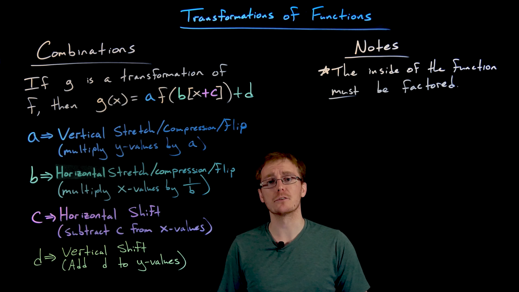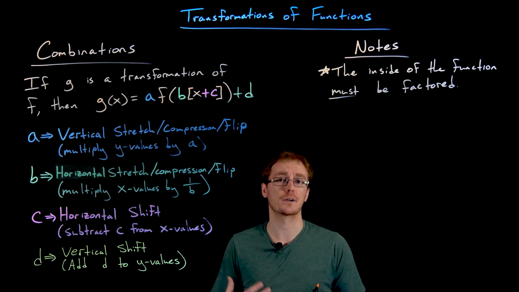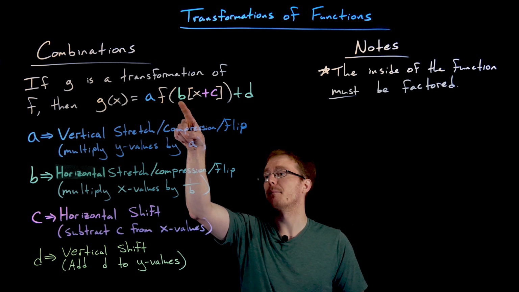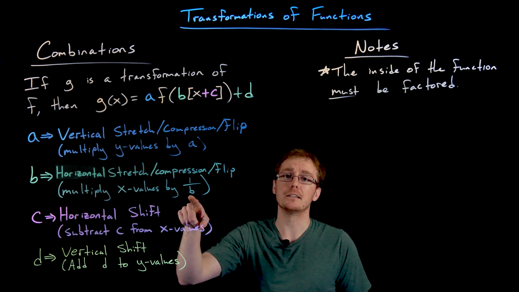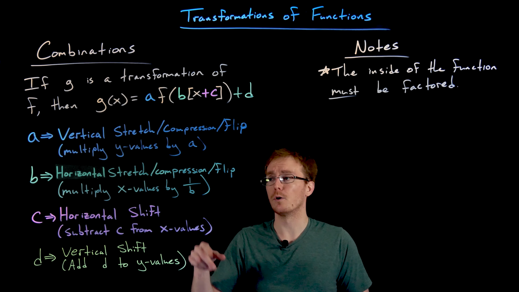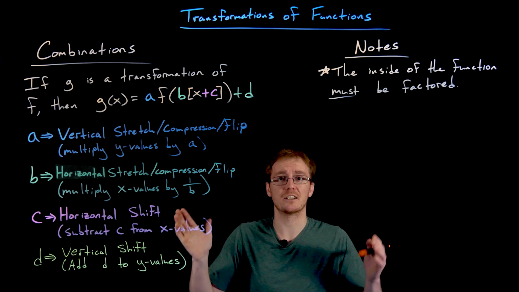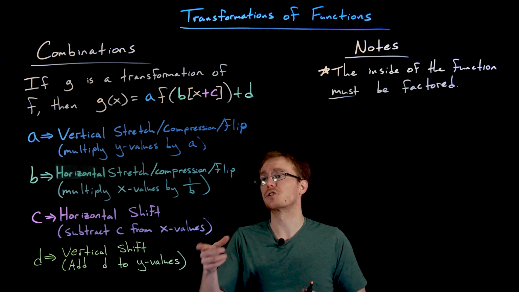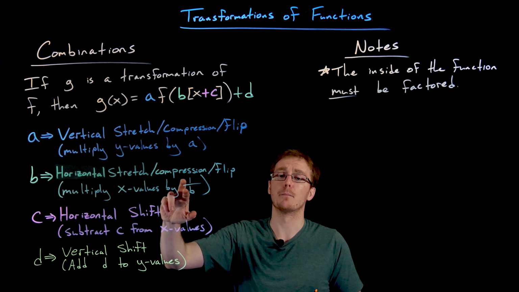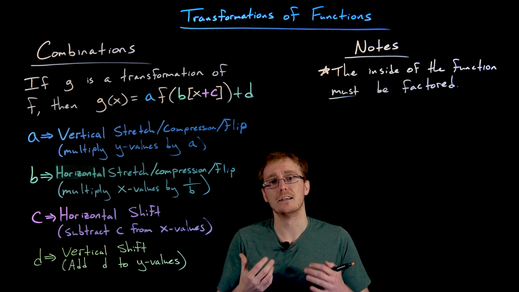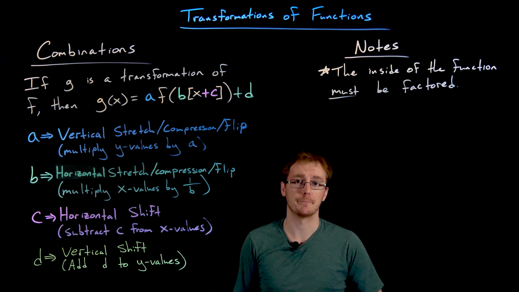Remember, these horizontal transformations kind of work opposite or counterintuitive of how you would expect them. So instead of multiplying by b, we divide by b, and that's why we had that weird little rule. If b is large, dividing by b or multiplying by 1 over b causes everything to shrink. And if b is small, between 0 and 1, then multiplying by the reciprocal of b, or 1 over b, or dividing by b, is actually going to make everything much, much bigger.